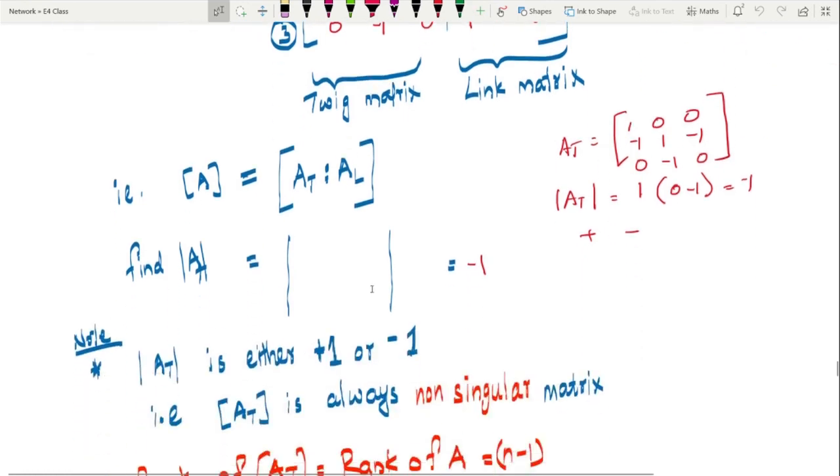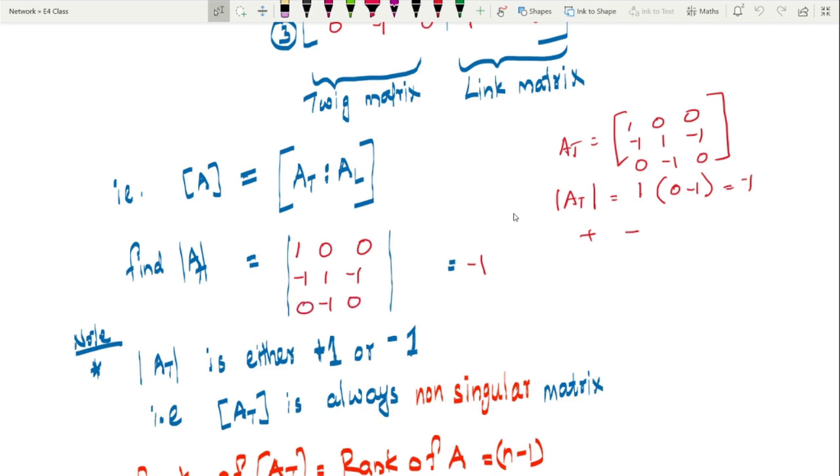Now let's see what is the determinant of the Twig matrix. The entries corresponding to the Twig matrix are separately shown here. So this is 1 0 0, minus 1 1 minus 1, 0 minus 1 0.